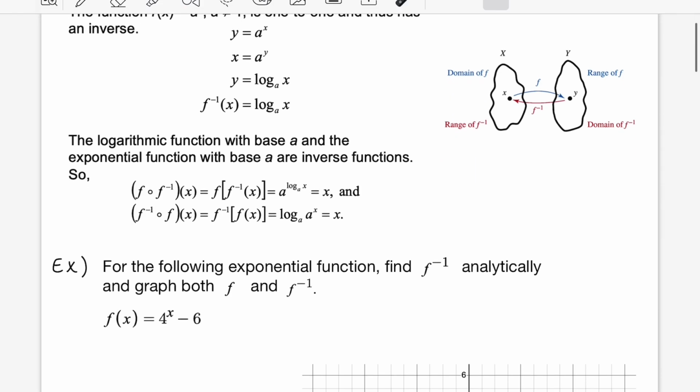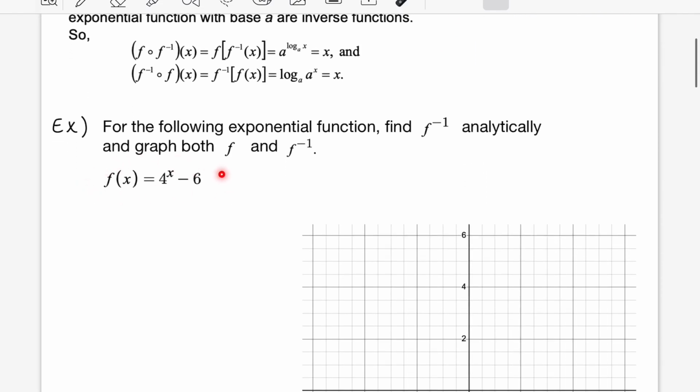So let's look at an example here. We're given this exponential function, and we want to find the inverse of this function and graph both our function and the inverse function. So we'll start with our steps for finding the inverse from section 6.1. First we rewrite our f of x as y, and then we want to solve for x.